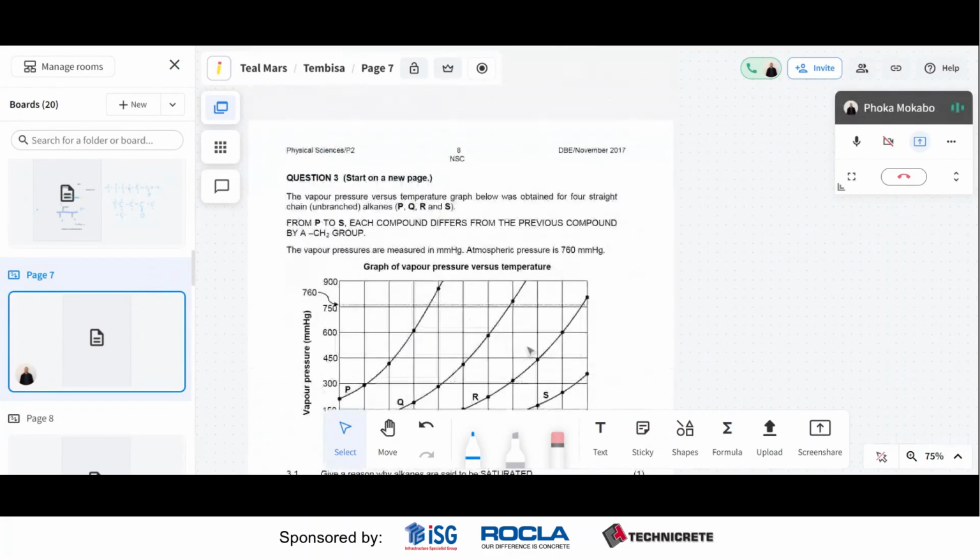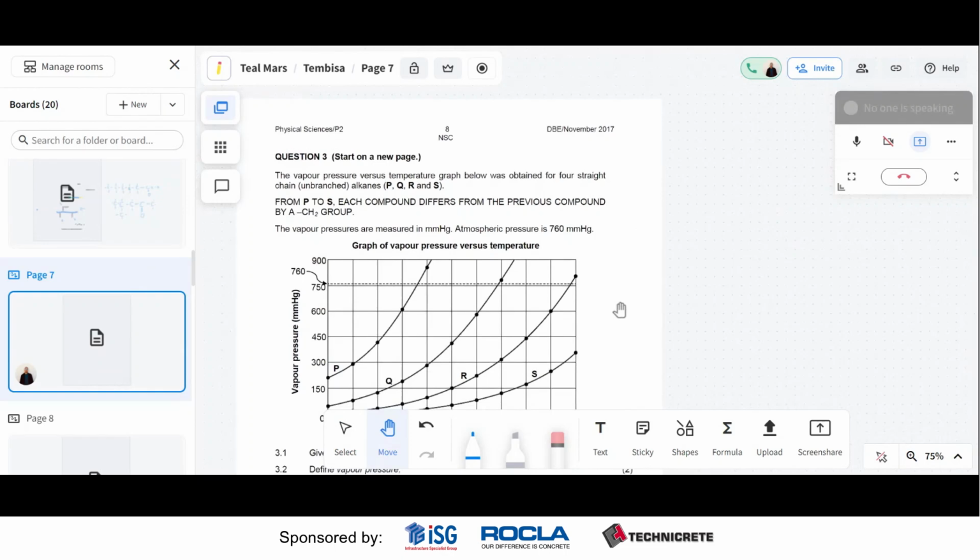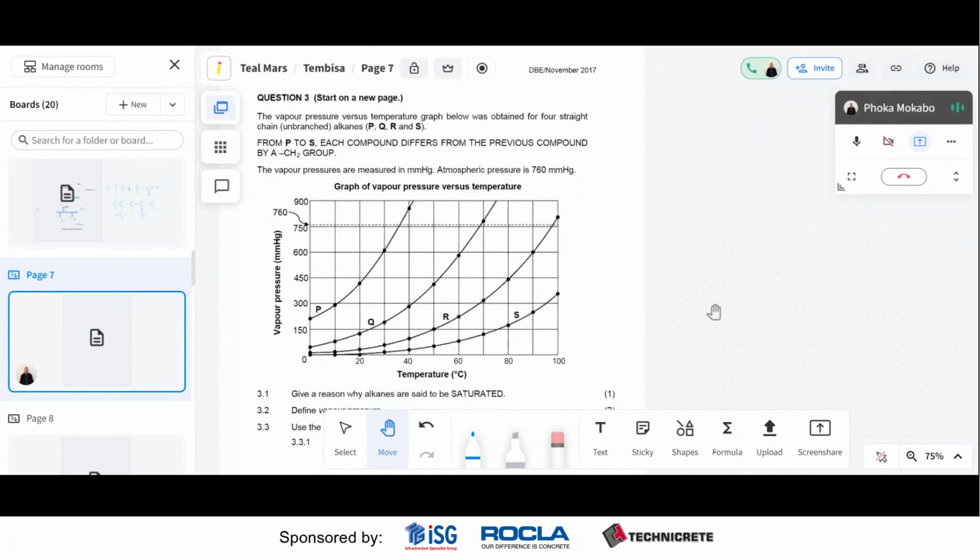Let's tackle question 3 now. And question 3 is where they bring in chemical bonding into the idea of organic chemistry. And basically, they say the vapor pressure versus temperature graph was obtained for 4 straight chain alkanes, okay, without any branches. No problem.